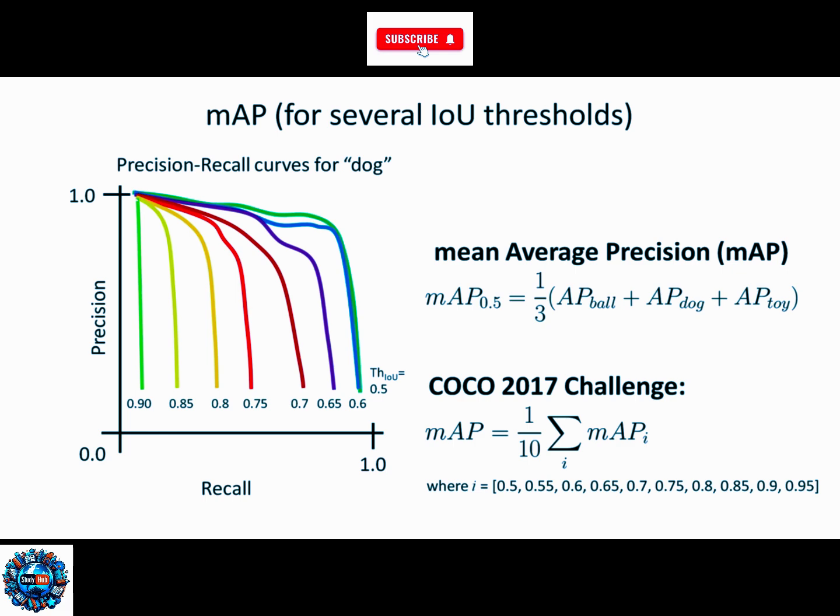This method rewarded models that were better at precise localization of the objects in the images. However, you'll still often find that many MAP scores assume an IOU threshold of 0.5 as shown in the top equation. I hope that this has helped you get an understanding of how the mean average precision is calculated, as it's one of the most popular scoring methods used when comparing object detection models.